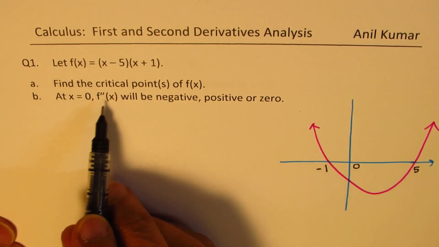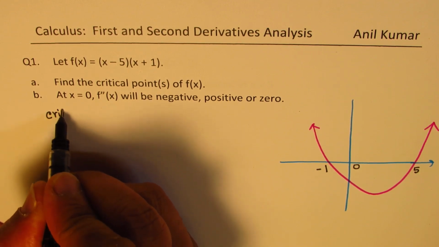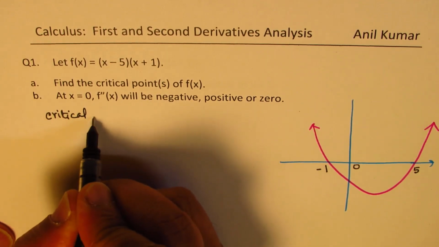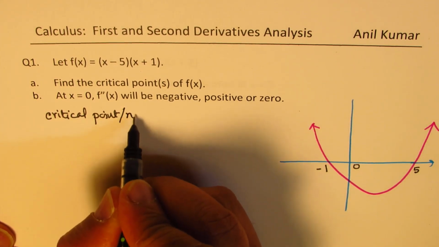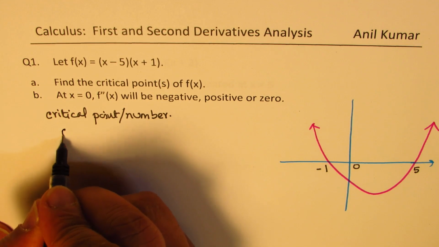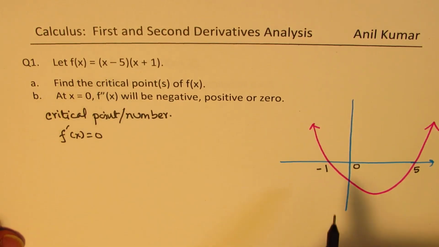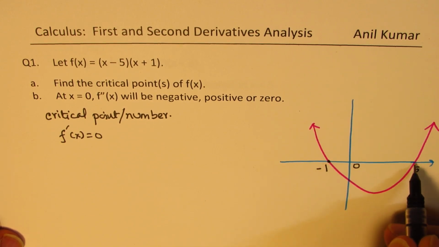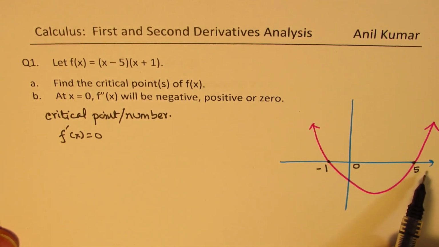So the critical point is where the derivative is 0. So it's very important to understand the critical point, or sometimes we say number, is when the derivative is equal to 0, right? Not at these x-intercepts. So if you are answering minus 1 and 5 in this case, it would be a wrong answer.